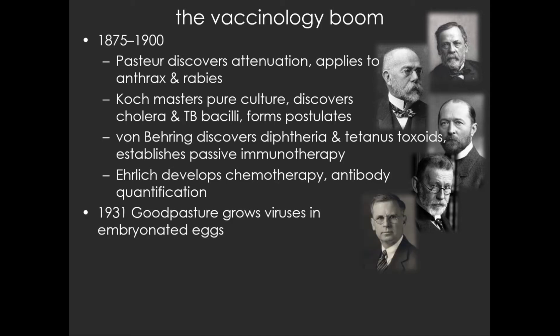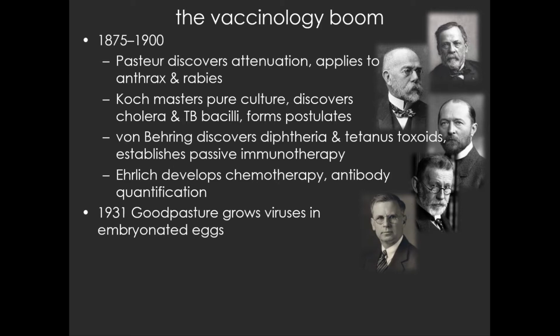It included work in 1931 after that sort of boom where Goodpasture and his group learned how to grow viruses in embryonated eggs, which opened up the field for people to be able to attenuate viruses.